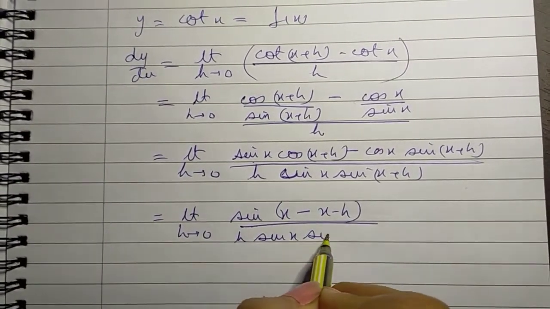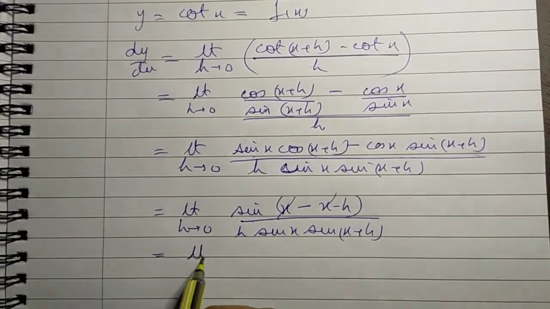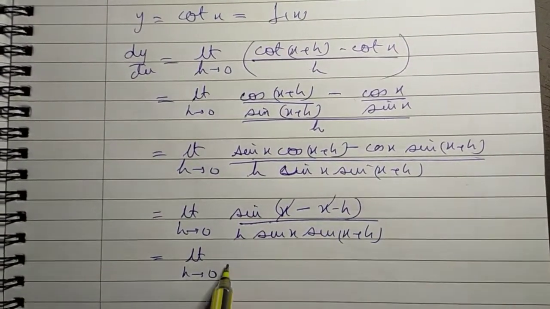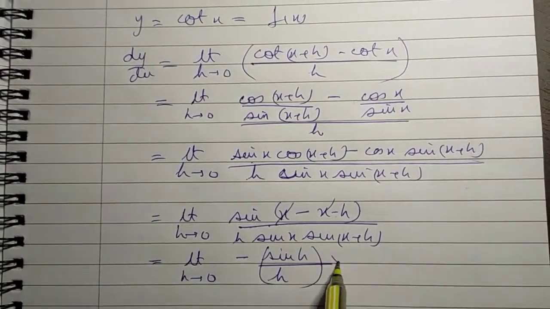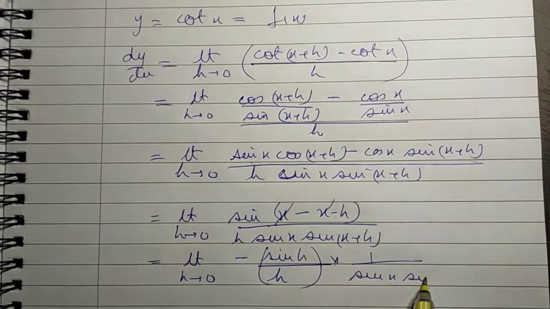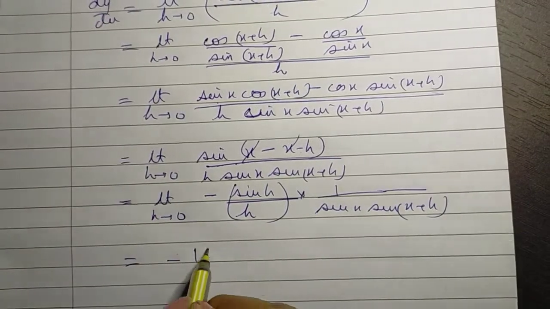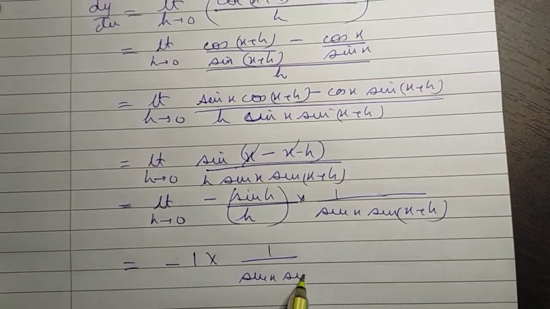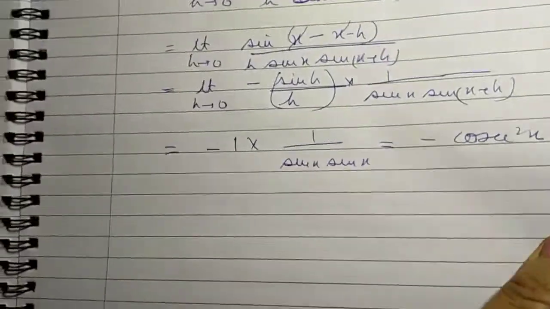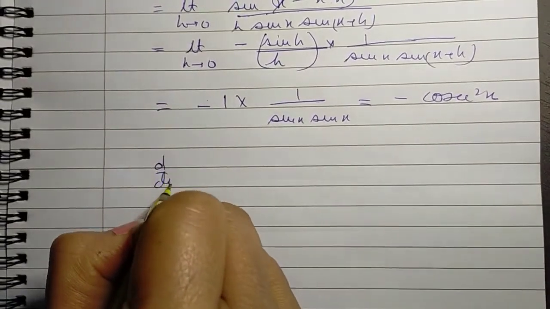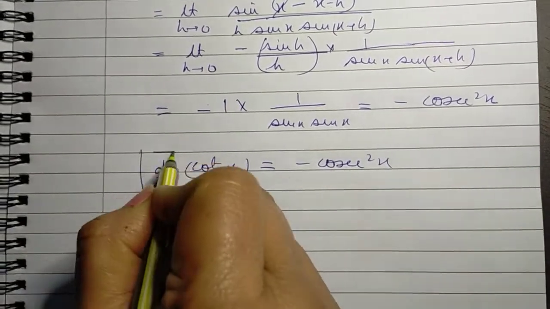The sine x gets cancelled and we are left with limit h tending to 0. Sine of minus h will be minus of sine h upon h. This can be put together with 1 upon sine(x plus h). Applying the limits, we get minus 1 into 1 upon sine squared x, which is minus cosec squared x. Thus we get the next result: d by dx of cot x is equal to minus cosec squared x.